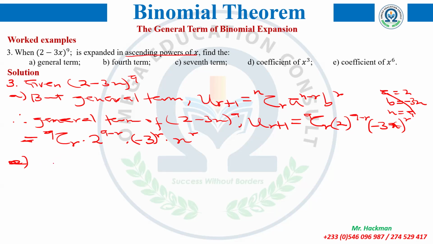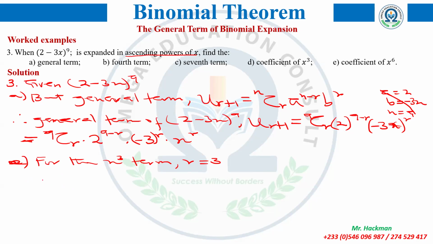So at this point, I can write for the s cubed term. If you compare, r must be equal to what? 3. So R must be equal to 3.